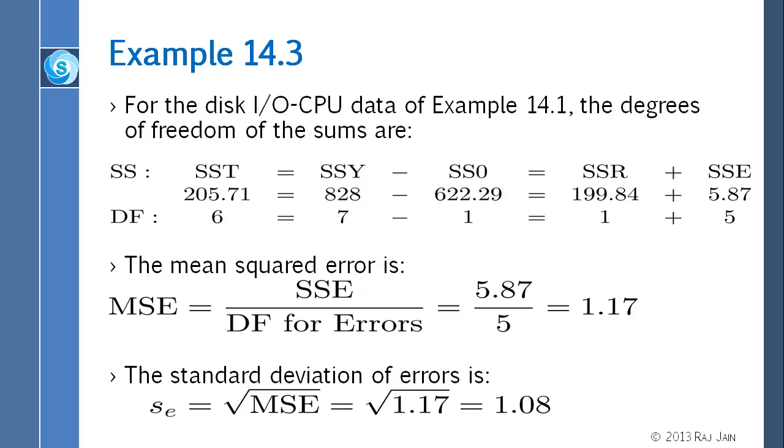SSE is 5, SSR is whatever is left over between the two. The degrees of freedom are 6, 1, and 5. So the mean squared error is SSE upon n minus 2, which is 5.87 over 5. So the mean squared error is 1.17. The standard deviation of error is the square root of that, 1.08.